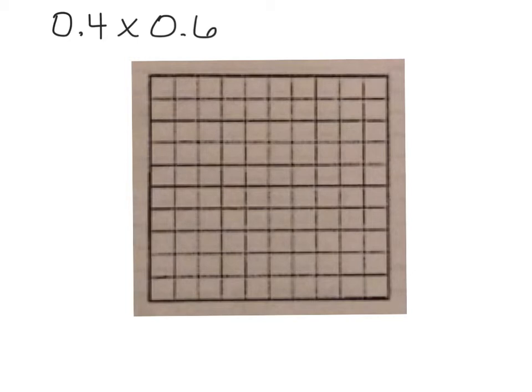Okay, for the next one that we're going to do together, we're going to model 4/10 times 6/10. And so, just like we've been doing, we're going to color in one of the factors vertically and one of the factors horizontally.